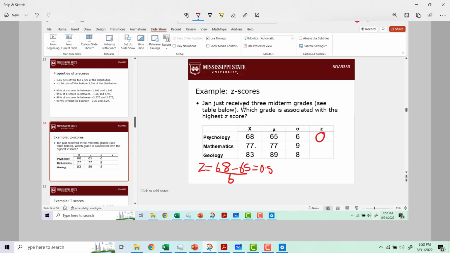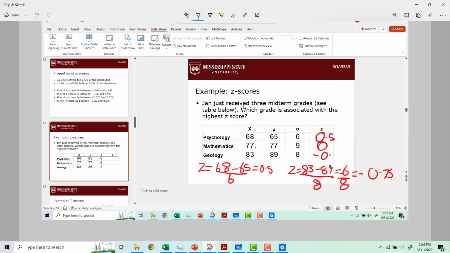Mathematics, x minus mu is going to be 77 minus 77, so I won't even write anything down there. And for geology, we've got z equals 83 minus 89 all over 8, which is minus 6 over 8, equals minus 0.75.